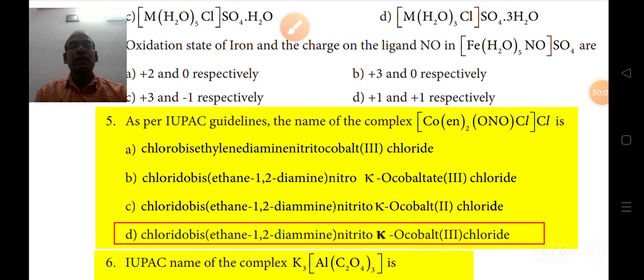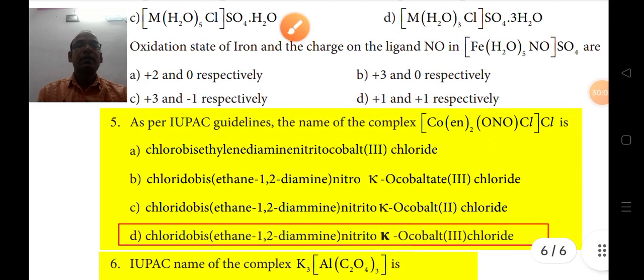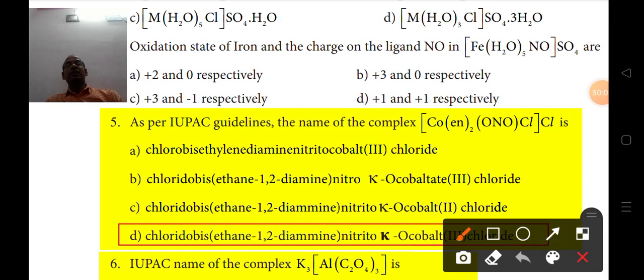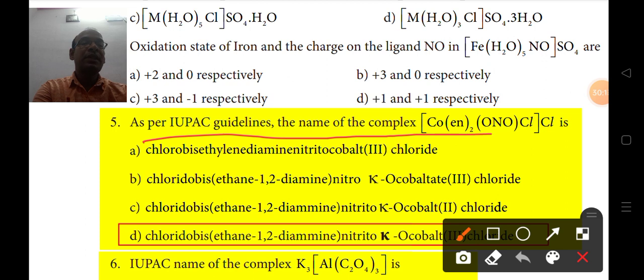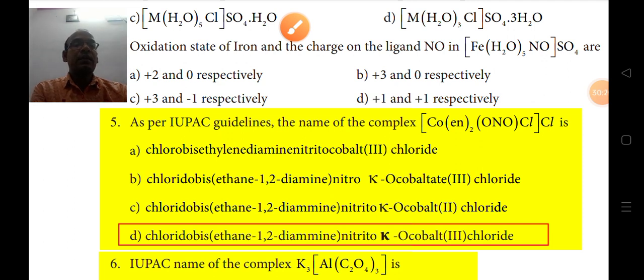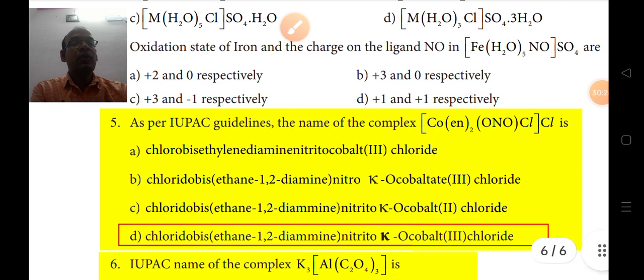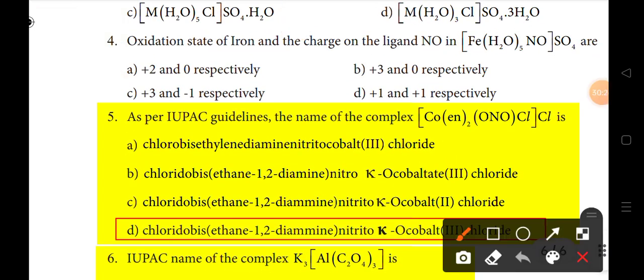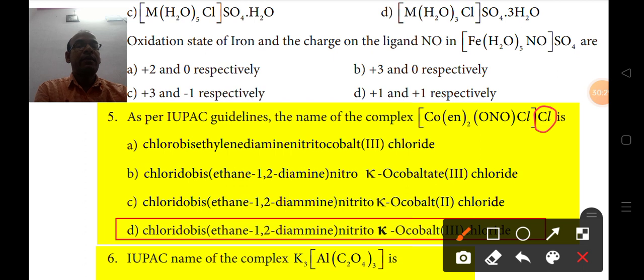As per IUPAC guidelines, the name of the complex ion is... First point, the complex has one chloride as a simple ion, with 1 minus, balancing plus 1.